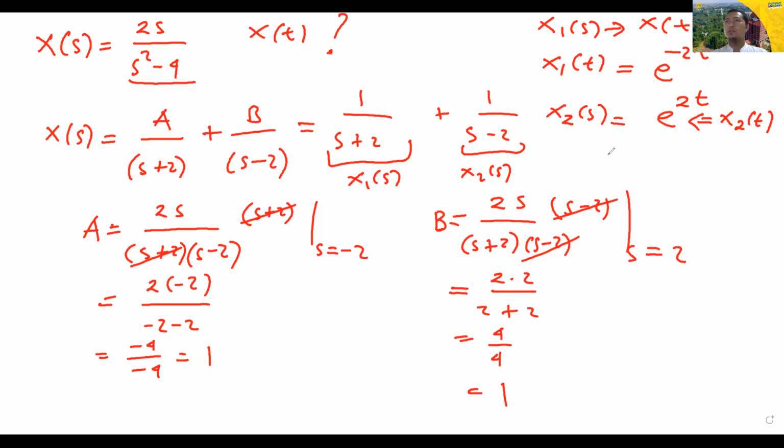So the x(t) becomes e to the minus 2t plus e to the positive 2t. Yeah, that's the result. Any questions? Very simple. No, sir, no question. No questions? Okay.